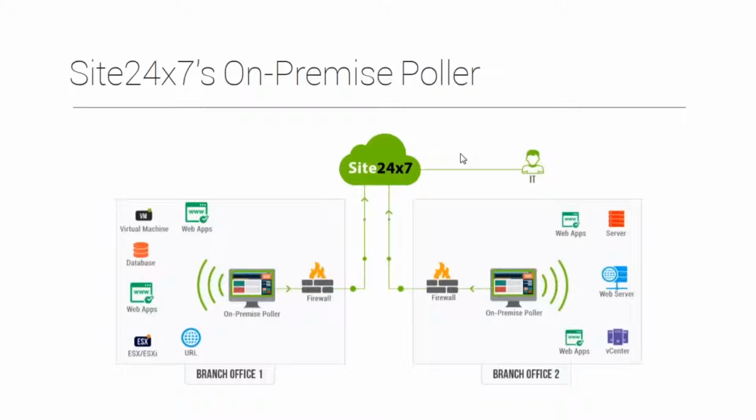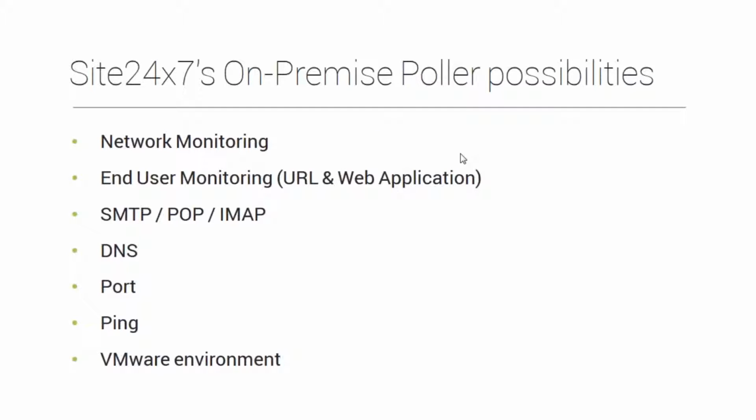That will present this data in the form of reports. Apart from data collection, the on-premise poller also notifies downtime instantly whenever a device goes down or the configured threshold gets violated.